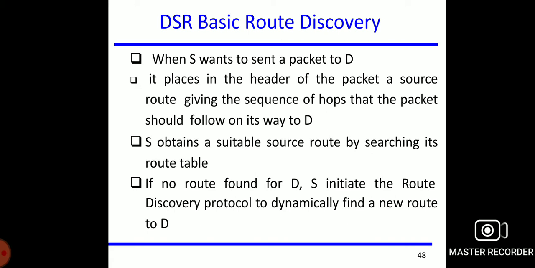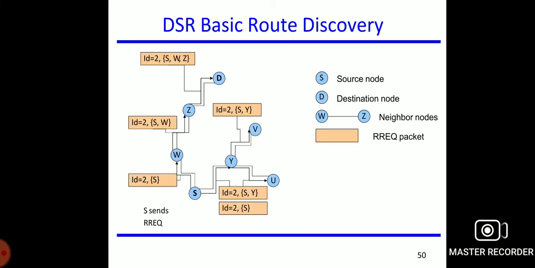Else, if the request was already seen, it drops the packet. Otherwise, it appends the node's address to the route request packet and broadcasts the updated request packet. This is the structure of the basic route discovery process in Dynamic Source Routing.